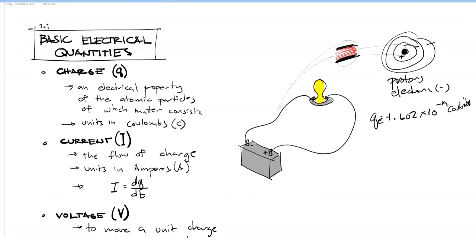Okay, so when a charge moves, or when there is a transfer of these electrons from one orbit to another, or to other atoms, then that flow of charges is what we call the current, right?